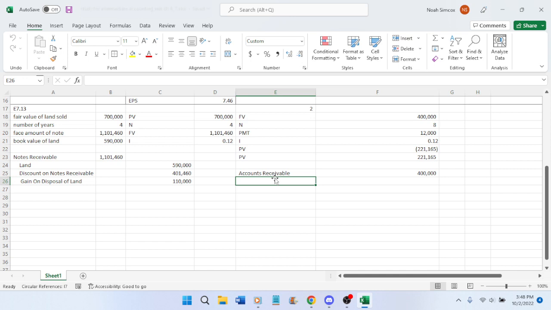Then a discount notes receivable. Never mind, it's not accounts receivable. It's notes receivable.